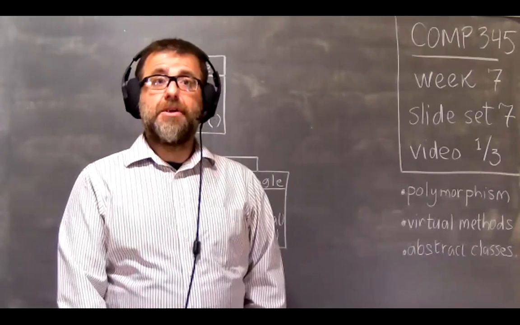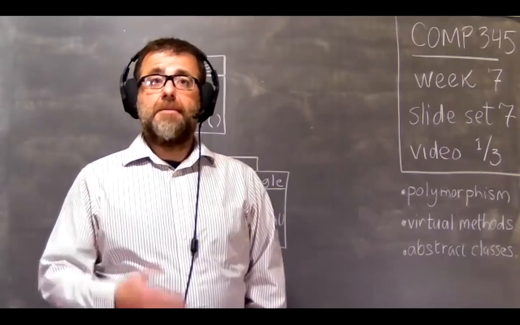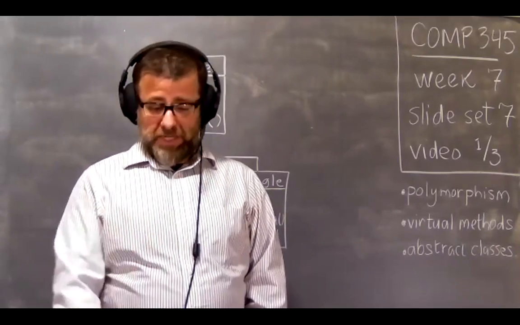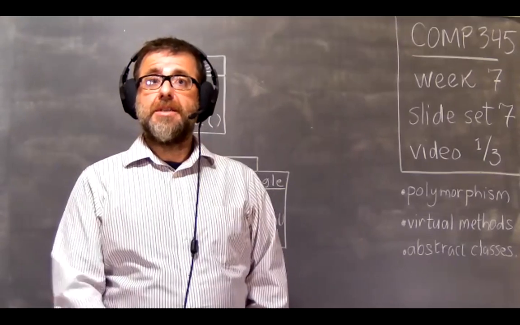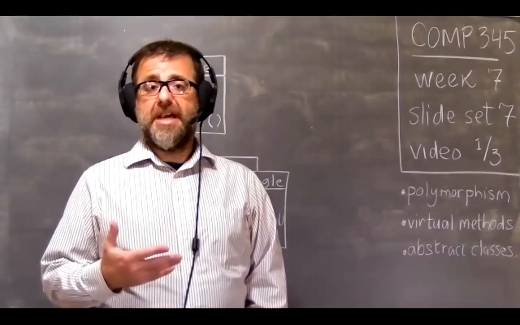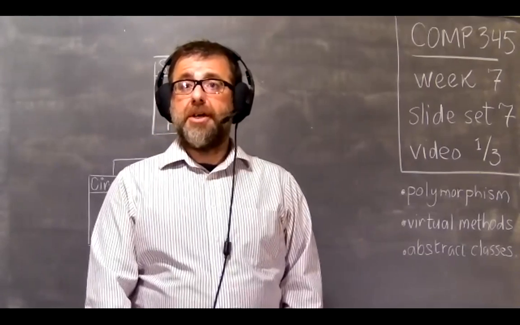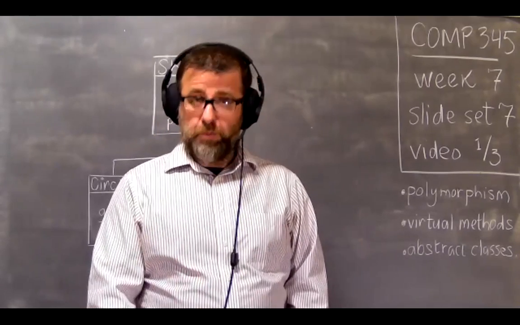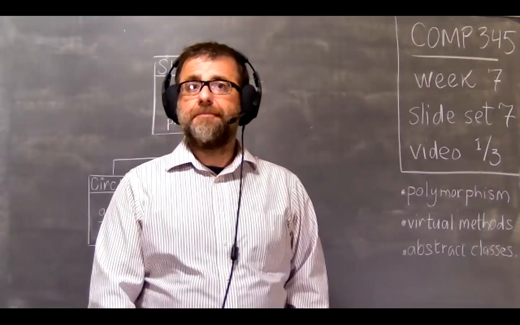Eventually, one of the things we're going to discuss in the further videos is how the mechanism for polymorphism is implemented in C++. As for many things in C++, it's important to understand how it works in order to use it properly, or at least figure out why things are not working properly when they don't.